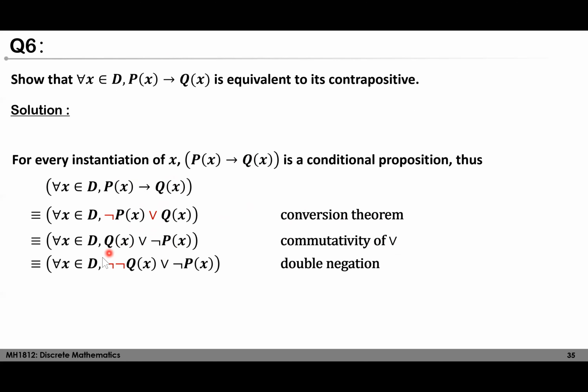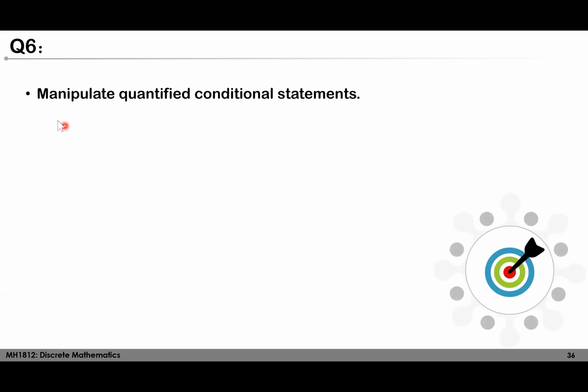And to get the negation of Q, we use the double negation. And then we can translate this disjunction form, use the conversion theorem, to this conditional form. So this is the contrapositive of this conditional proposition. So they are equivalent. So the target of question 6 is to manipulate quantified conditional statements.